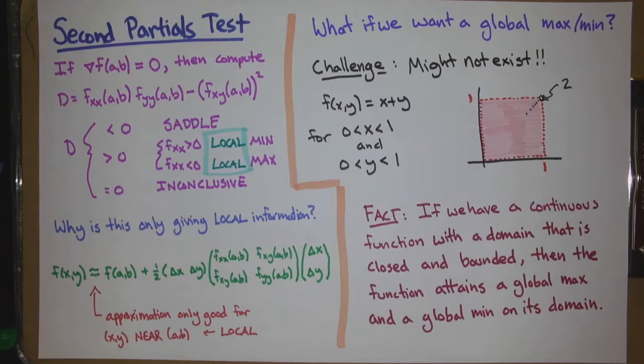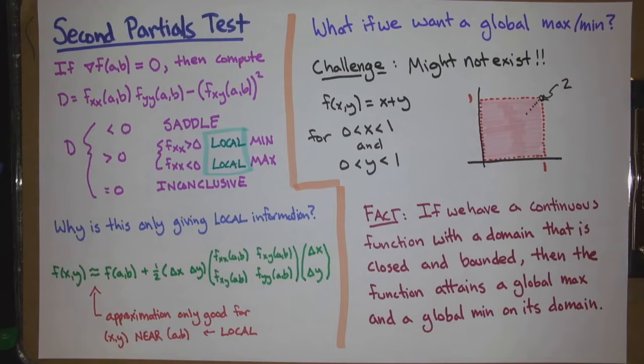So if you're closed and bounded and your function is continuous, you must get a global max and you must get a global min. It has to occur. Now, this is not a trivial result. If you'd like to know why this is true, I have some wonderful classes you can take and derive it. It's a lot of fun.